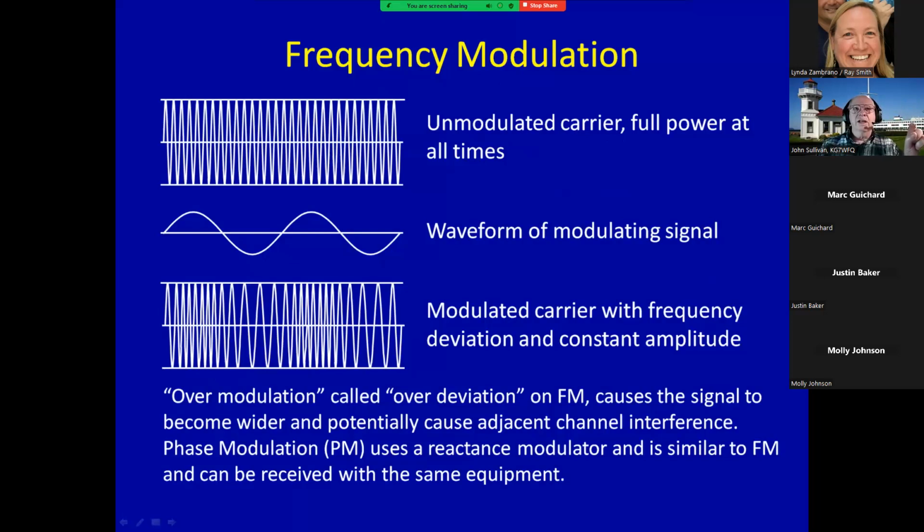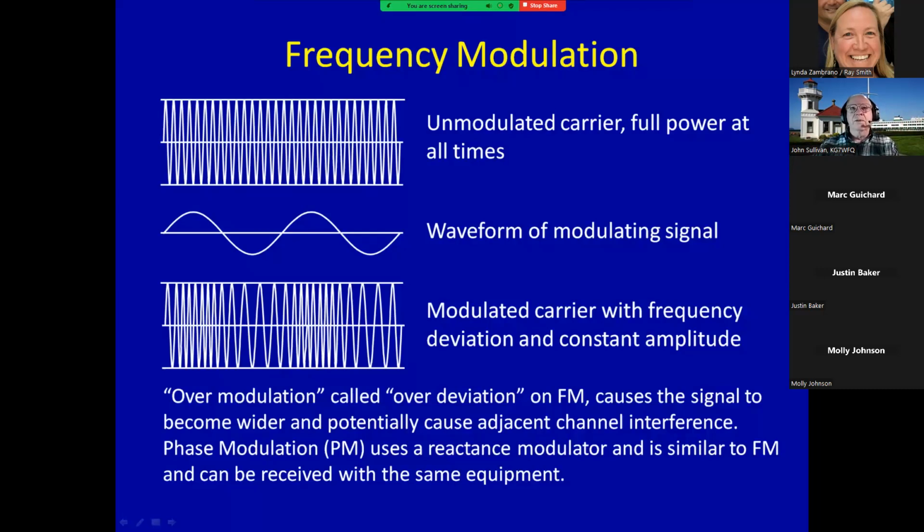The modulating signal, the one that's going to be applied to the radio signal, is a sine wave there. And then you can see in the bottom illustration that the waves are closer together in one area and then wider apart, closer together, wider apart. That's because the frequency is being changed. It's being modulated. Okay, so that's sort of the basic background on AM, single sideband and FM.